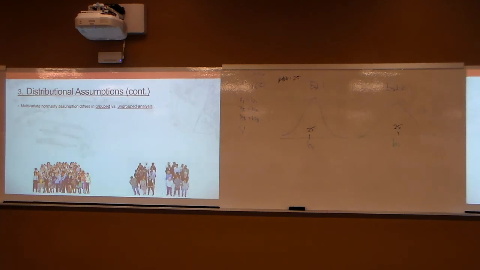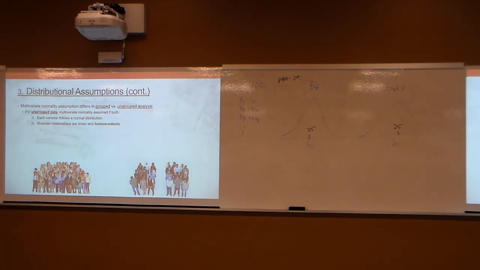All right, distributional assumptions. Our assumptions of multivariate normality are going to be different in grouped versus ungrouped data. For ungrouped data, we assume multivariate normality if each variable follows a normal distribution and bivariate relations are linear and homoscedastic.